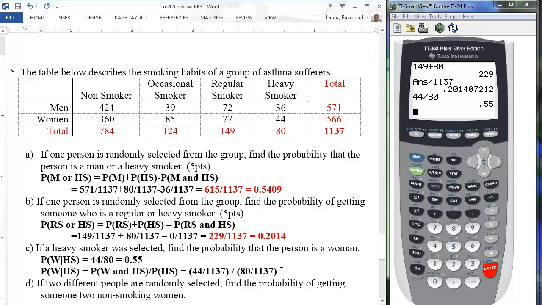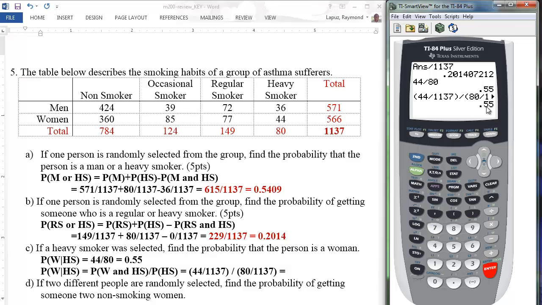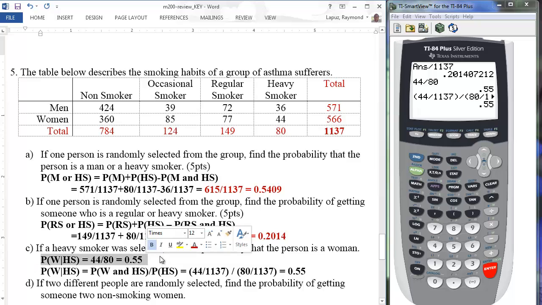If you can do your arithmetic quickly in your head, you'll see this is 44 out of 80, but just to make sure, let's punch it in our calculators. 44 divided by 1137, in parentheses, and then divide out 80 divided by 1137. And we'll see that we get the same result, 55% again. So either way you do it, it should work out.